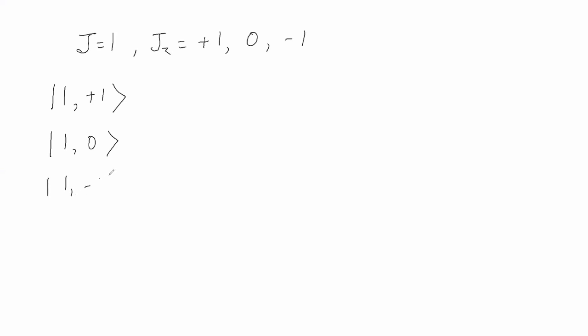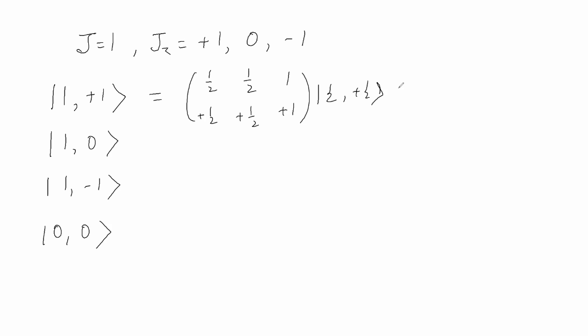Therefore, what we are noticing is that for J equal to 1, a system with 2 spin half particles, and Jz is plus 1, 0 or minus 1, the different states that we are forming are 1 plus 1, 1 0, 1 minus 1, and 0 0. From two angular momentum states, this is only possible when we have half plus half and half plus half.